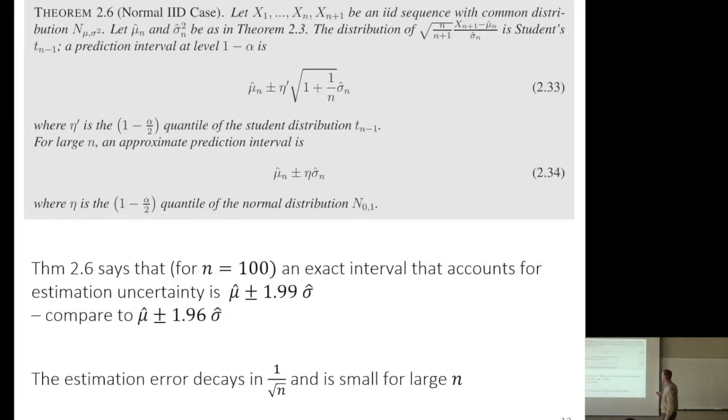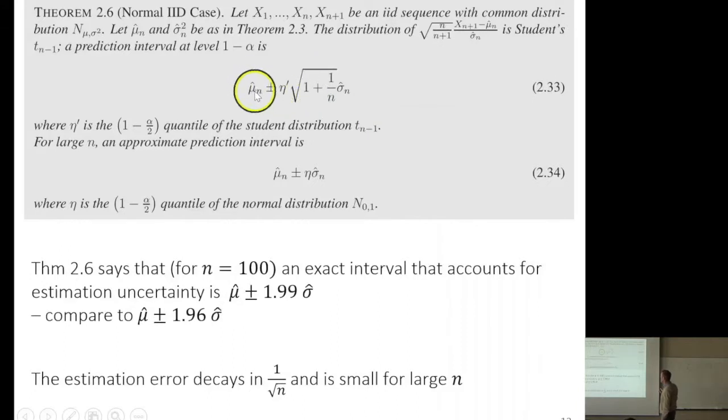For this very simple example, there is a simple theorem that says if we have a sequence of points that is Gaussian with an unknown mean mu and unknown variance sigma squared, and we want to forecast x_{n+1}, then we know exactly a forecast interval.